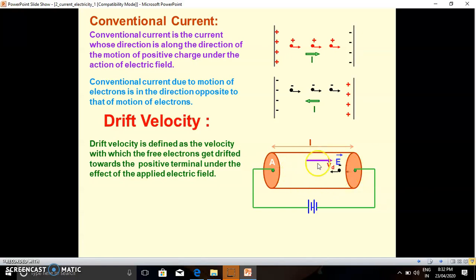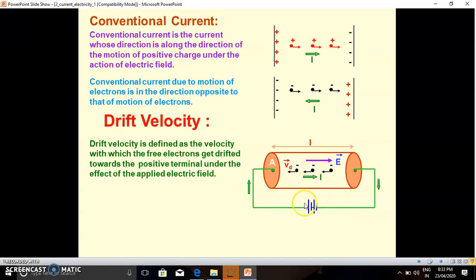And this flow of electrons from the negative to the positive terminal of the battery creates its own electric field, and this is called the internal electric field. It is produced by negatively charged particles. So one thing is very clear: the external electric field is produced by the externally applied battery, and the internal electric field is produced by these negatively charged electrons flowing from the negative to the positive terminal of the battery.